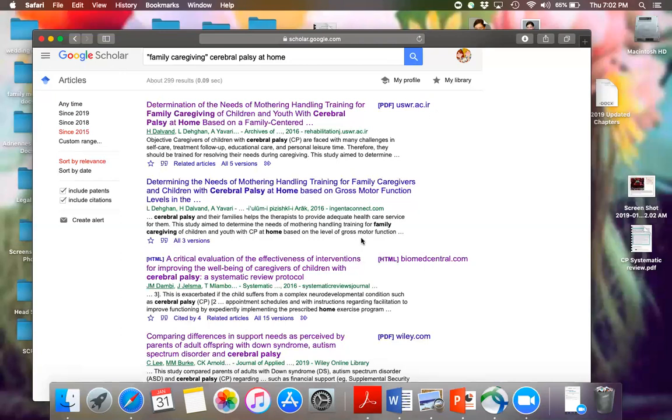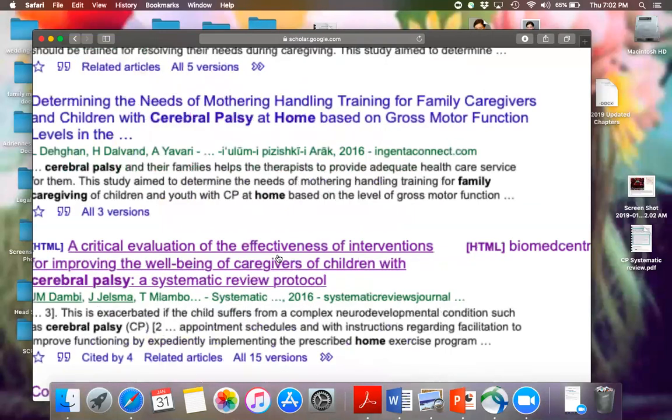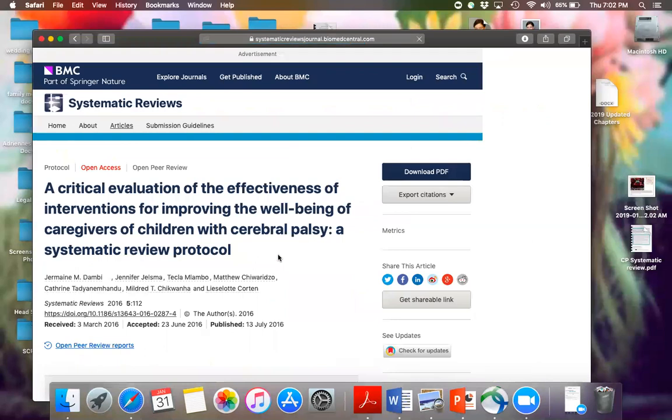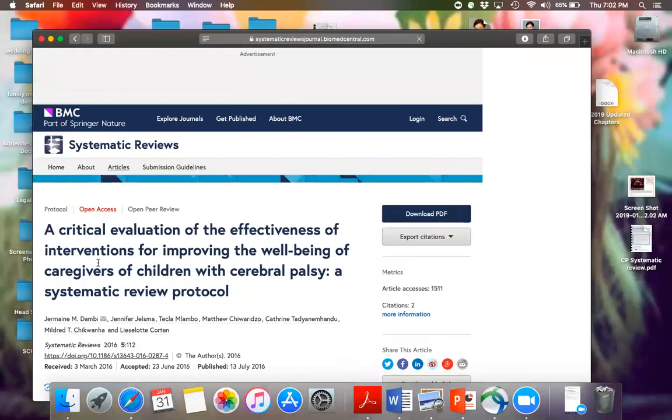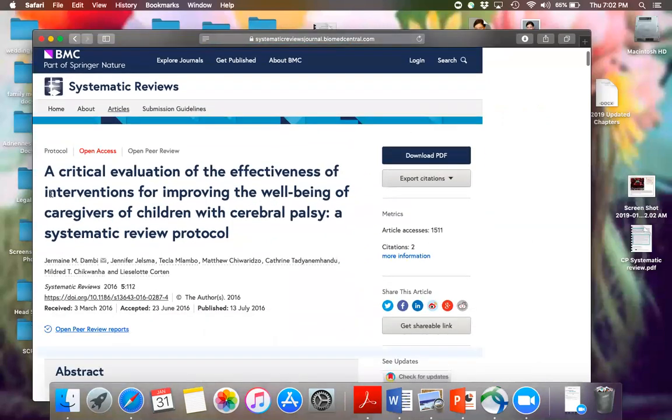So this one right here: critical evaluation of the effectiveness of interventions for improving the well-being of caregivers of children with cerebral palsy, a systematic review. What the title kind of says to me is that there's a problem with well-being among caregivers of children.